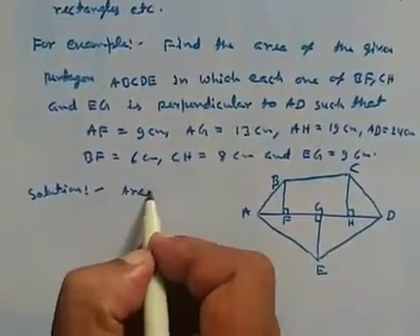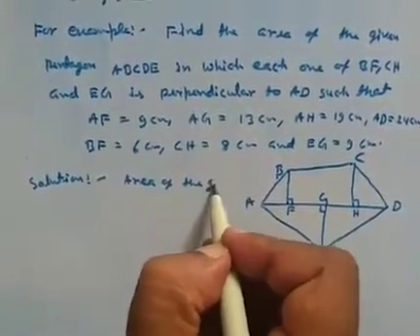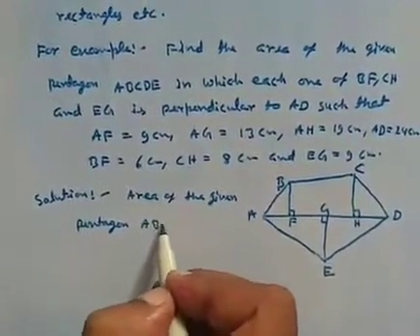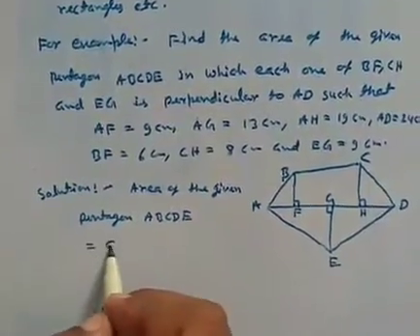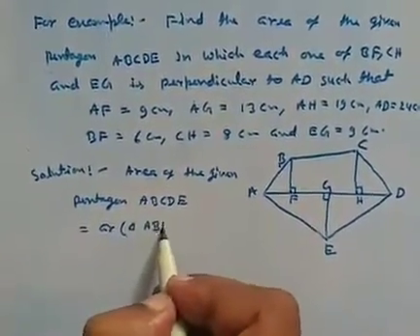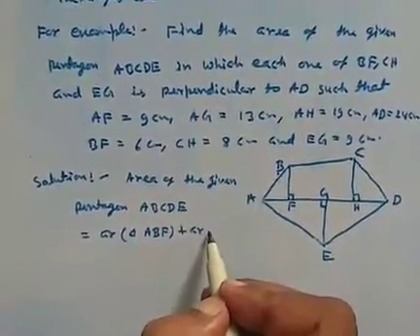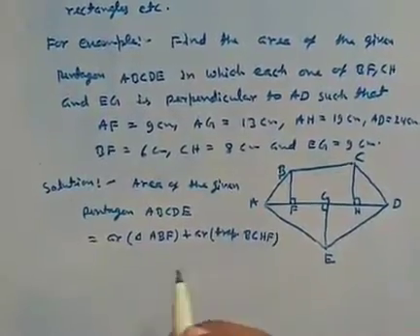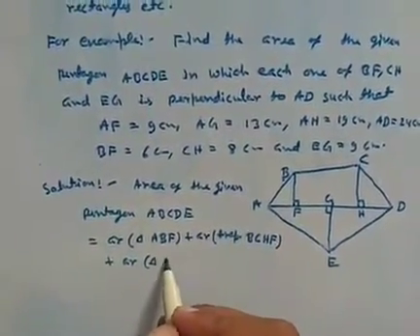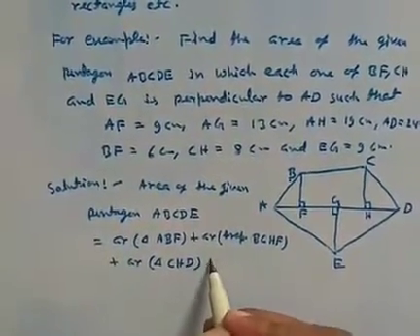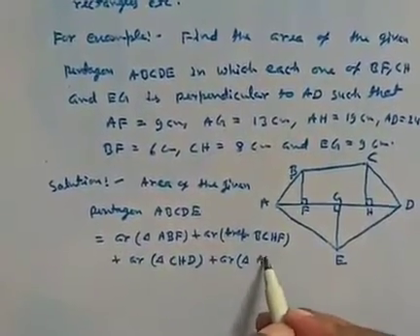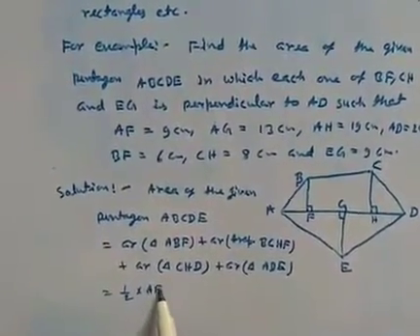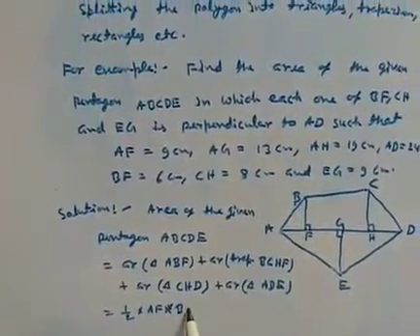Area of the given pentagon ABCDE equal to area of triangle ABF plus area of trapezium BCHF plus area of triangle CHD plus area of triangle ADE equal to half into AF into BF.